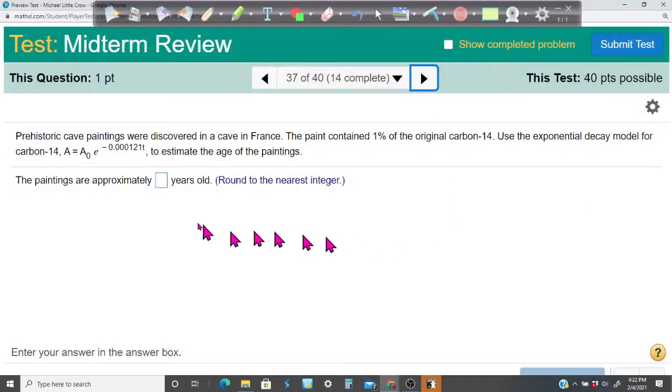Okay, we're almost there. So again, using an exponential, paintings contain 1% of the original carbon-14. Use the exponential decay model, carbon-14, to estimate the age of the paintings. So we don't know what we started with, but we do know that we ended up with just 1% of what we started with.